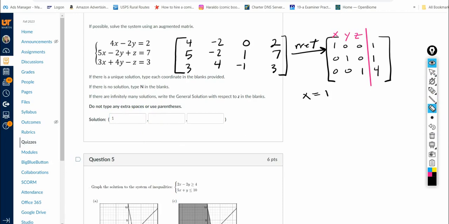And then the second row tells me 0 times x plus 1 times y plus 0 times z equals 1. So y is equal to 1.